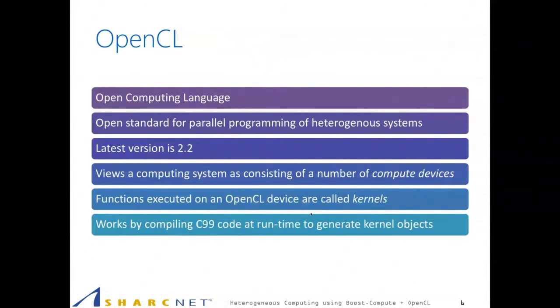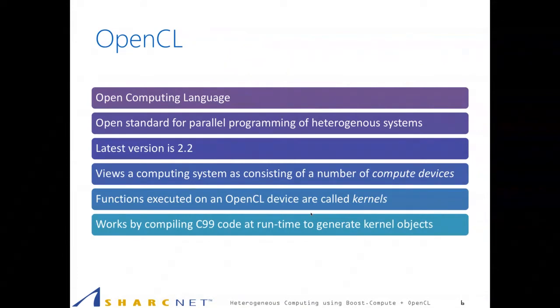What's OpenCL? As you might know, OpenCL stands for Open Computing Language, and it's an open standard for parallel programming of heterogeneous systems. The latest version is 2.2, but it's not available, as most of the vendors didn't provide 2.2 yet.